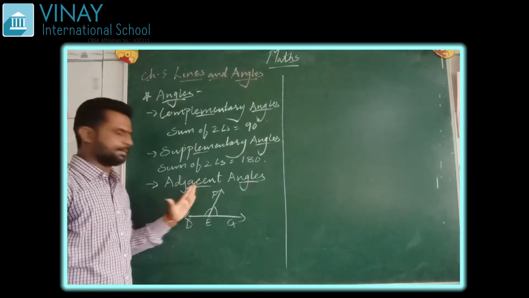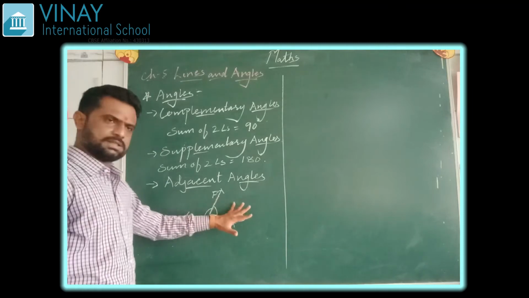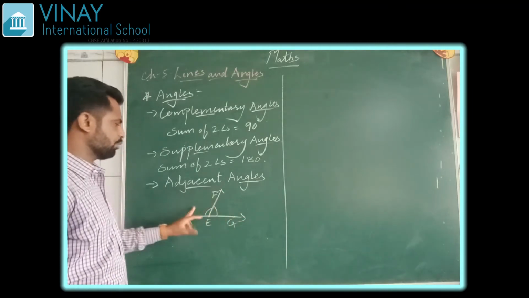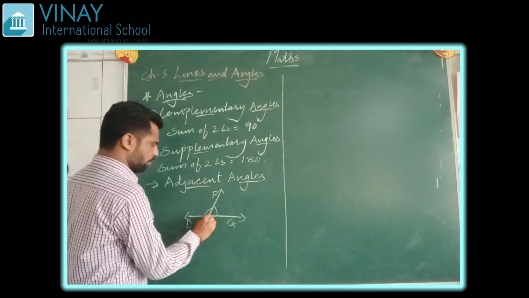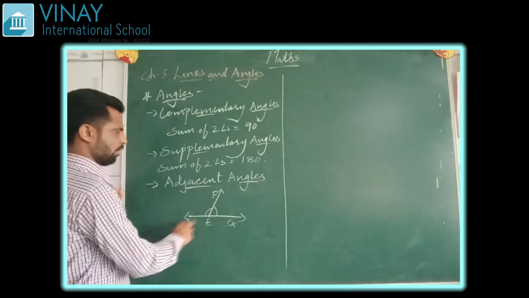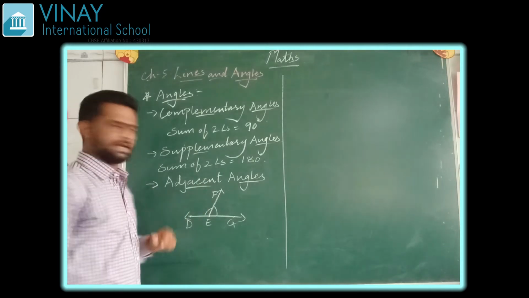I am repeating the statement. If two angles have one common arm and one common vertex, they are known as adjacent angles.